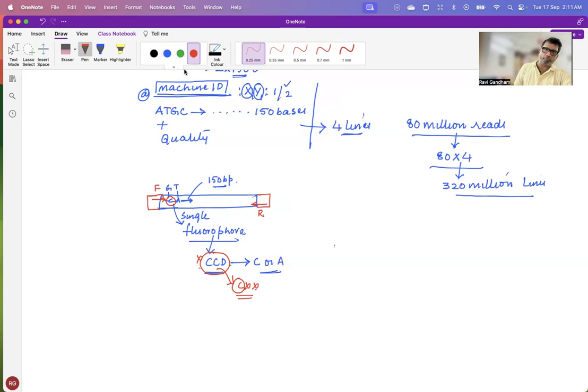So what do we do normally? This particular fragment is amplified in all the platforms that you have, be it Illumina or the SOLiD platform. You have an amplification step involved. So this particular fragment with the adapters is now amplified.